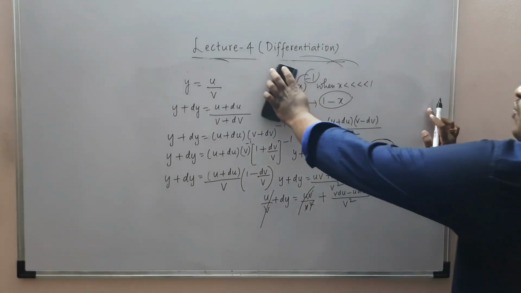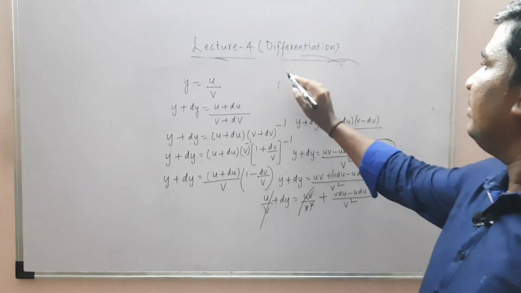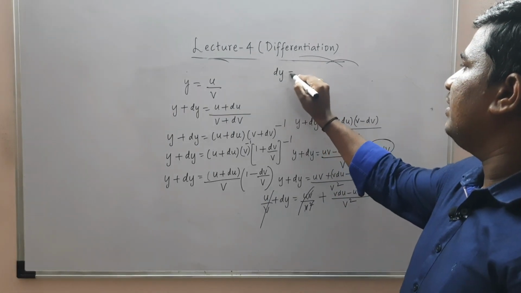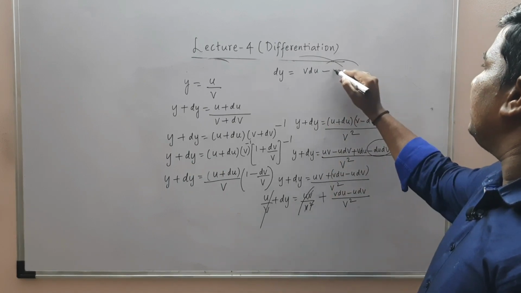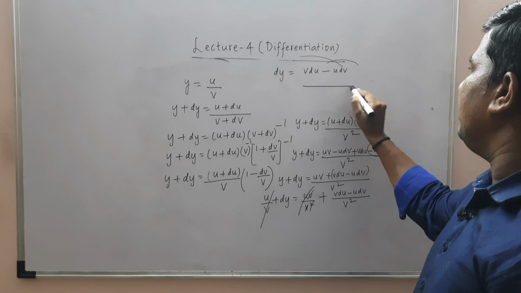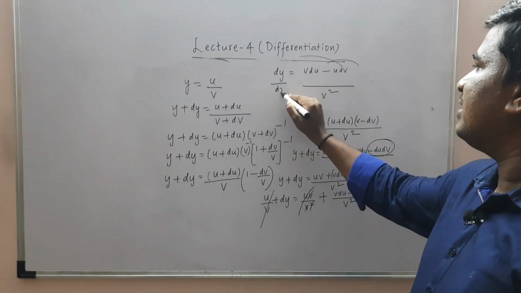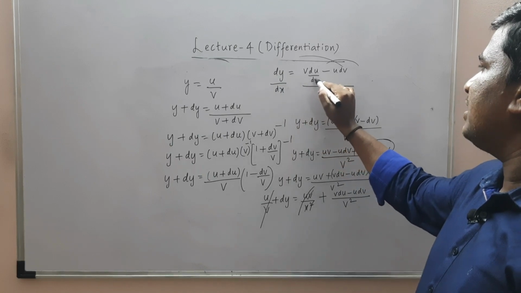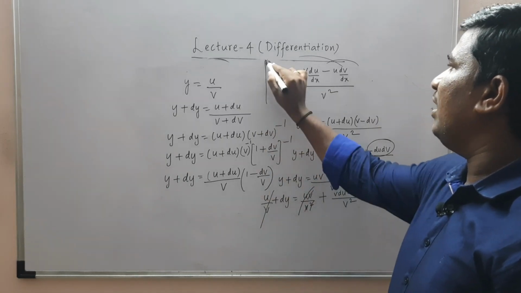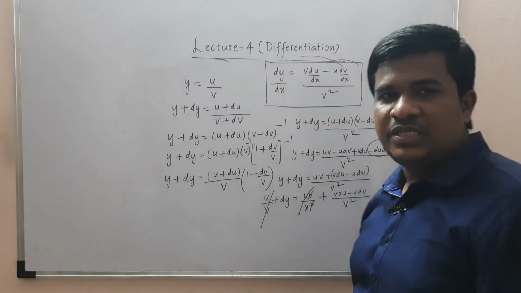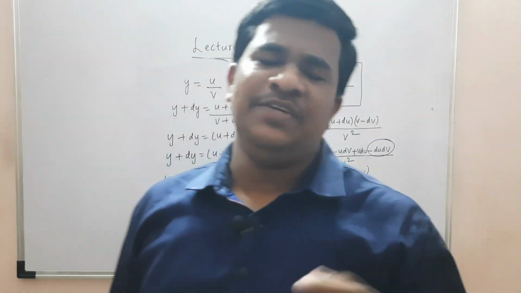So what do you have finally? Finally you have dy equal to v du minus u dv by v square. But I want dy by dx, so dy by dx is v du by dx minus u dv by dx by v square. So this is what you have to proceed with in case of division of two functions.